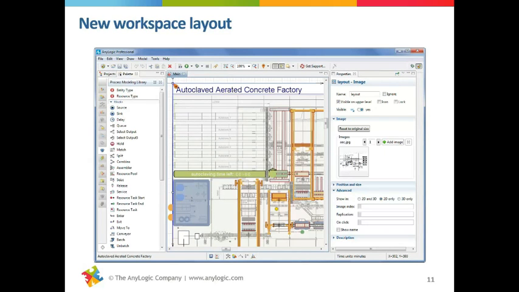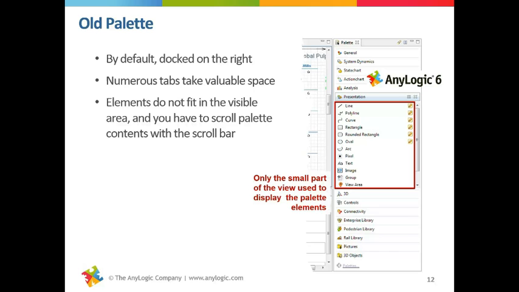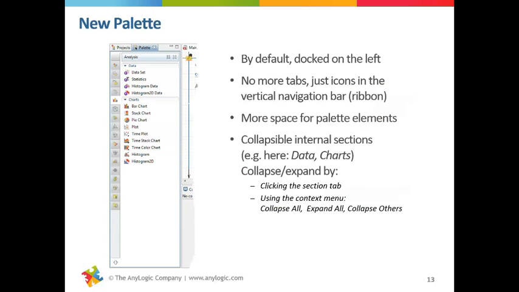There's a new workspace layout for AnyLogic 7. In AnyLogic 6, the palette view was docked on the right, and the names of other palettes than the one currently selected took up valuable space, so that only a small amount of space was used to display current palette objects. In AnyLogic 7, the palette view has moved to the left.